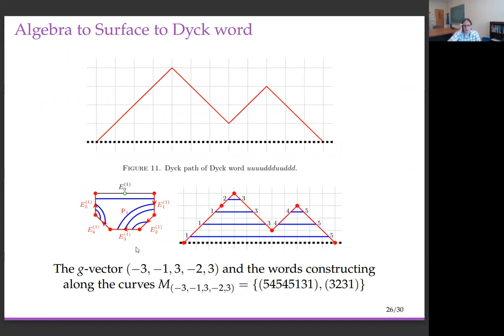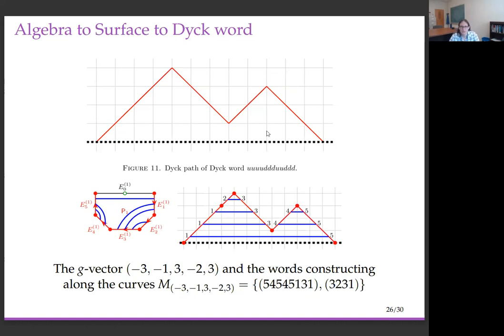And when they do that, they can represent this by a Dyck path, which represents the orientation of the arrow and the number of intersections with the curve. So for example, here 5 is 1, 2, 3, and you get the last component is 3. So the 5 appears 3 times.